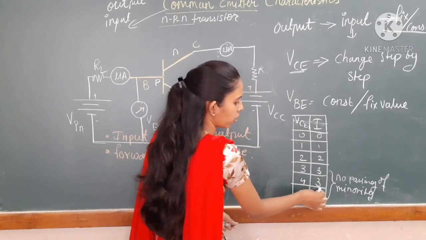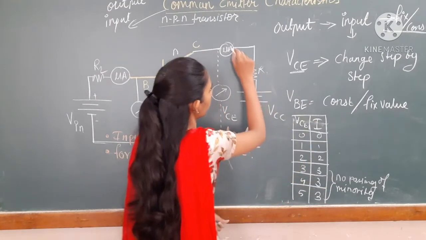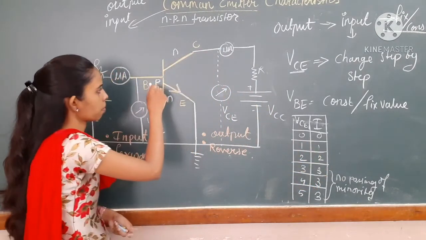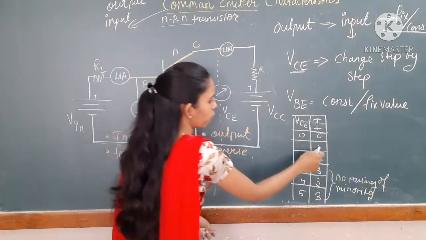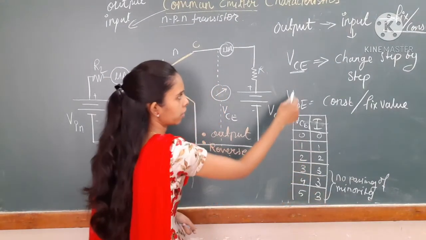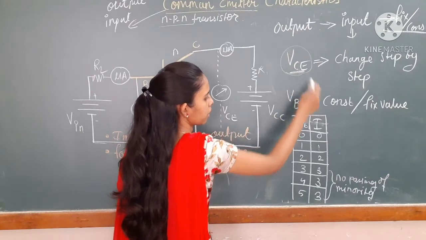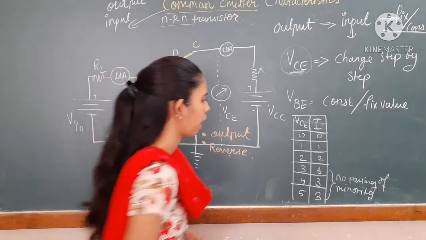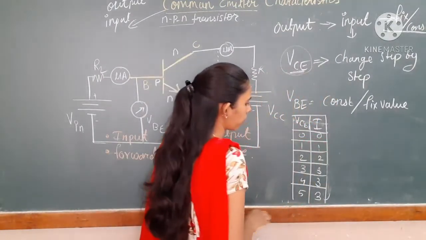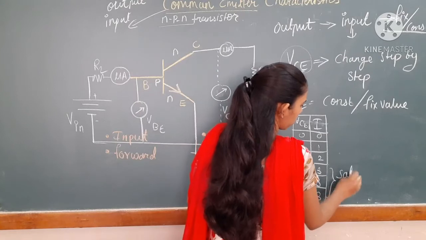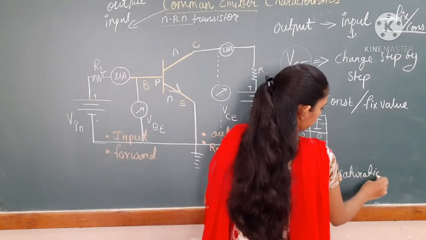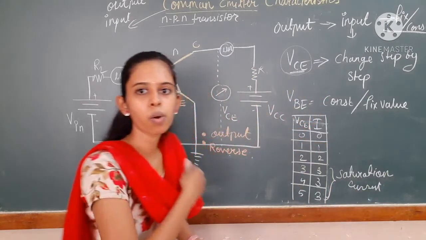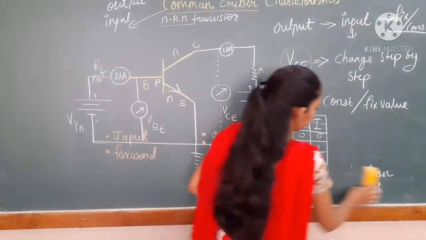That is, only 3 minority carriers were present in the collector, and therefore those 3 minority carriers have been passed towards the base, and therefore there is a flow of current. But after further change in VCE, there is no change in the current. That means the current gets constant. So at this point the current is constant, and this point is called what? Saturation current. This is the saturation current.